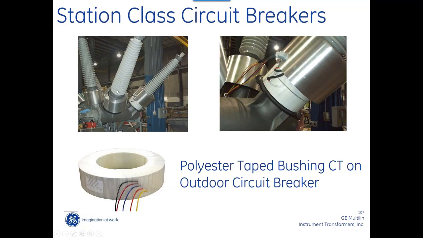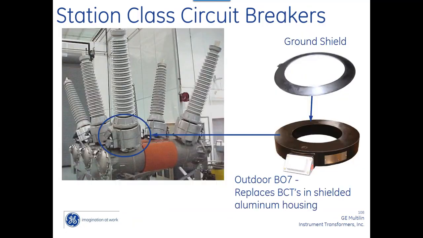But they've got huge insulation levels because of the insulators. So here's an application where I could have a 600 volt CT on a 240 or 250 kV. In switchgear, I typically don't see it over 35 kV.